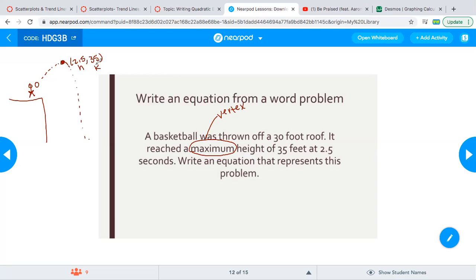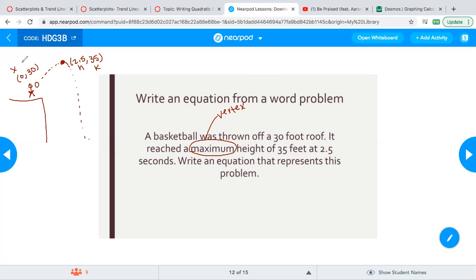Now, let's talk about this point. He threw the basketball off a 30-foot roof. At what time, at what seconds did he throw the basketball? 0 seconds. So at 0 seconds, he threw the basketball off a 30-foot roof.